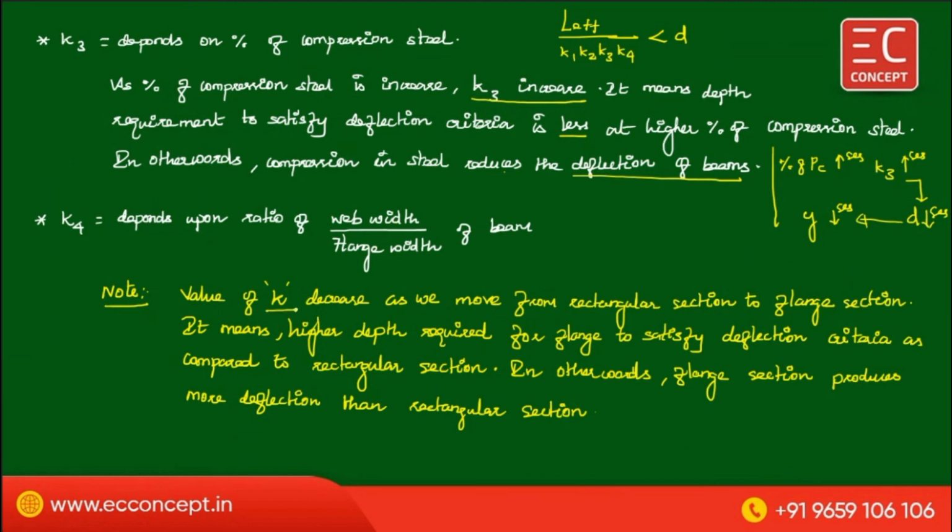The K value reduces from rectangular section to flanged section, meaning the rectangular section has lesser deflection than the flanged section. It means higher depth is required for flanged section to satisfy the deflection criteria as compared to rectangular section. So in other words, flanged section produces more deflection than rectangular section.